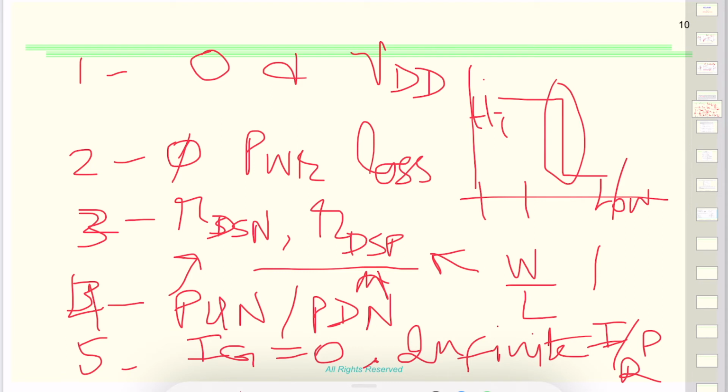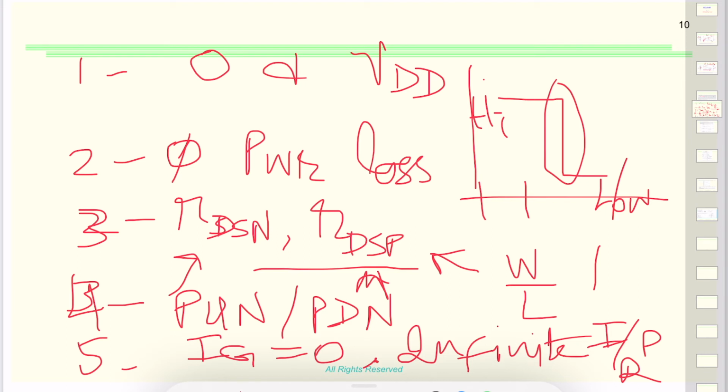So your input can be provided to a bunch of inverters because there's no power loss happening, because of the infinite input resistance. So you have many inverters that can be driven. However, there are other issues which have more to do with their switching behavior and their switching times.